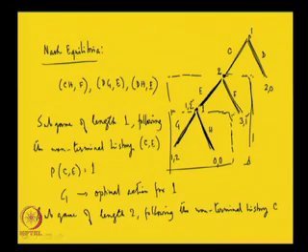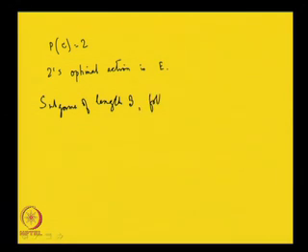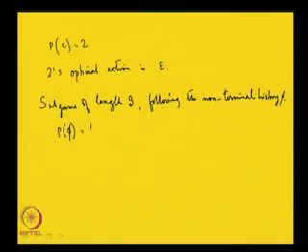So, then we again go backward and look at the subgame of length 3. Okay. This follows the non-terminal history phi. And who is the player who is going to move in this subgame?